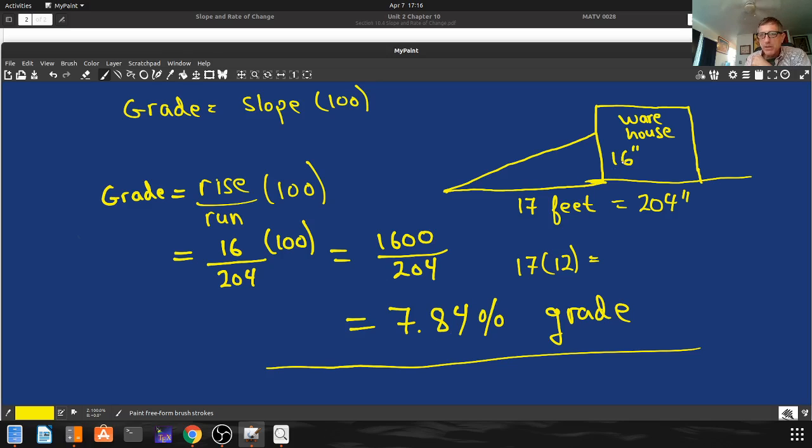I could have equally turned 16 inches into 1 foot and 4/12 inches, which is equal to 1 foot and 1/3, which is equal to 1.33 repeating feet, and then just done 1.33 over 17, and we'll get the same result, as you can see here.